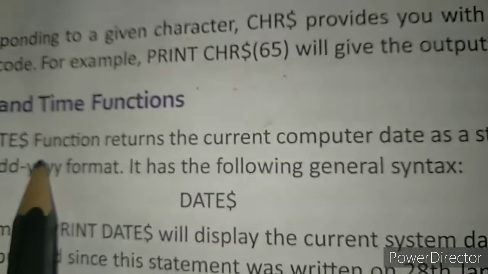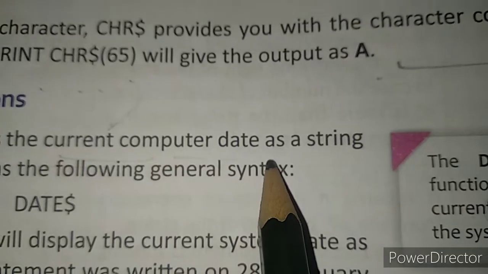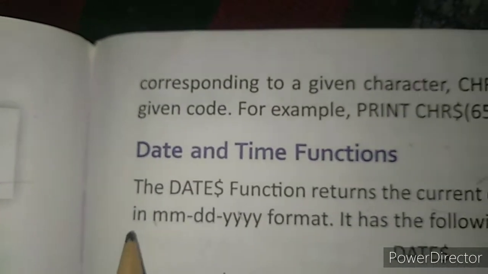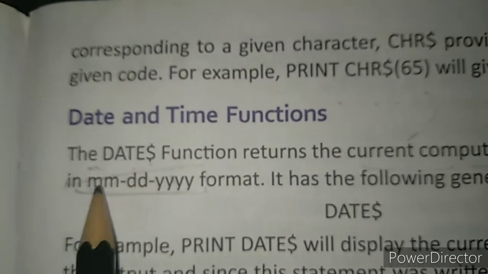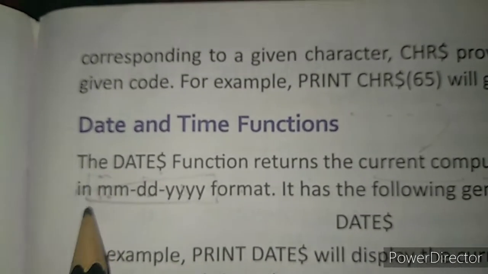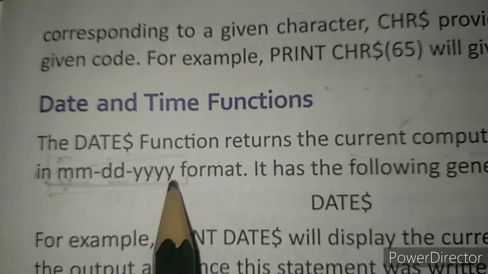The date function returns the current computer date as a string. This is very important. In general, we write the day first, then month, then year, but in the computer system, the month is reported first, then the day, and then the year.